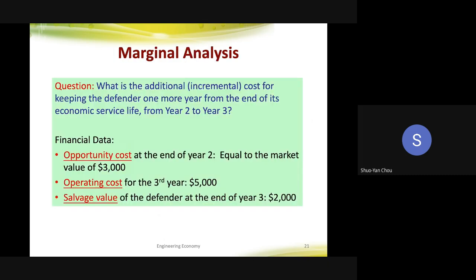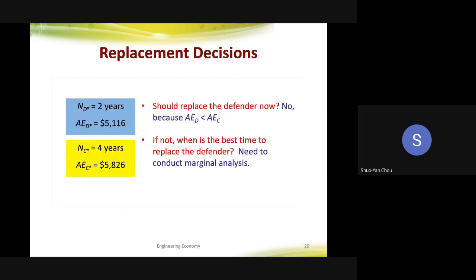Of course, we can do the comparison, and compute what marginal cost or profit we get if we replace it in different years. It will not be as simple as what is shown here, because the expected salvage value and other costs may be incurred.